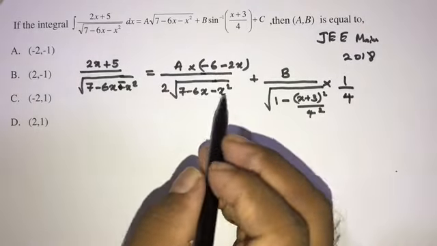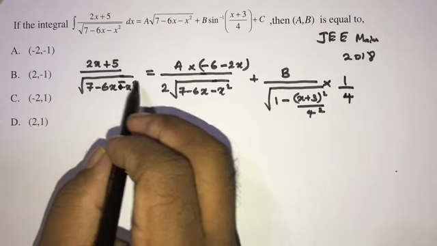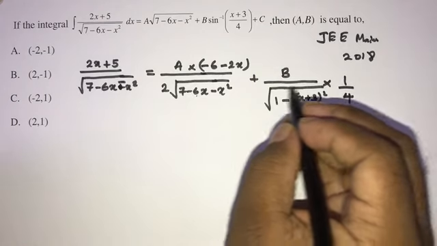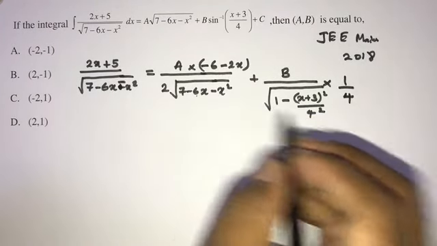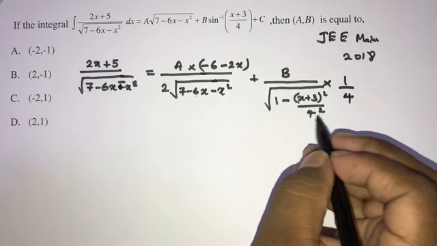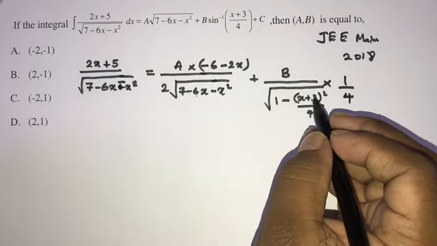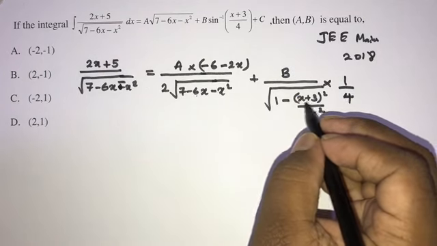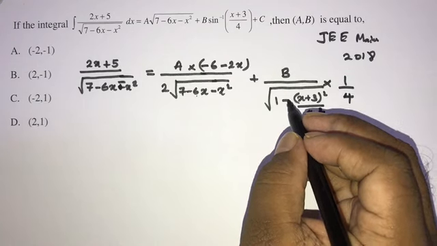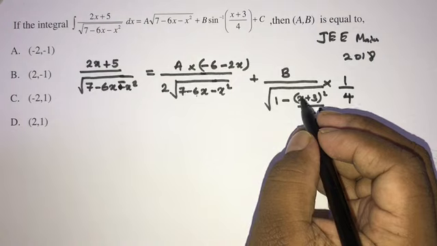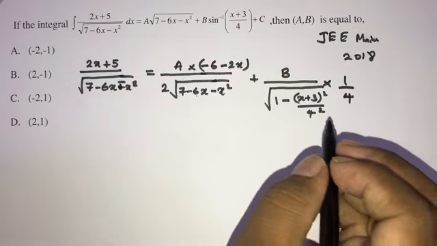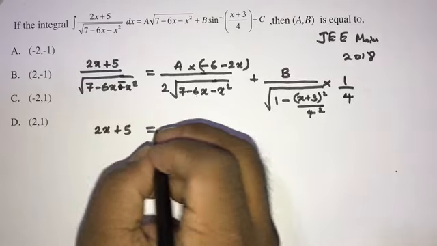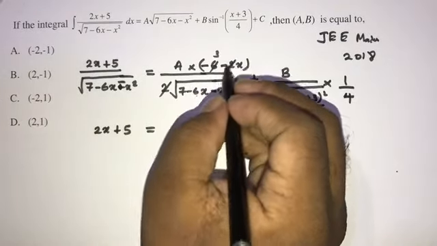Okay, now here in the denominator we have the square root of 7 minus 6x minus x square, so also here we have this function, and this is also equal to this function, trust me, because here 4 square is 16, so 16 minus 3 square 9, so 16 minus 9 is 7, and then the product of this function multiplied by 2, so 6 times x, so minus 6 times x, and here x square, so minus x square.